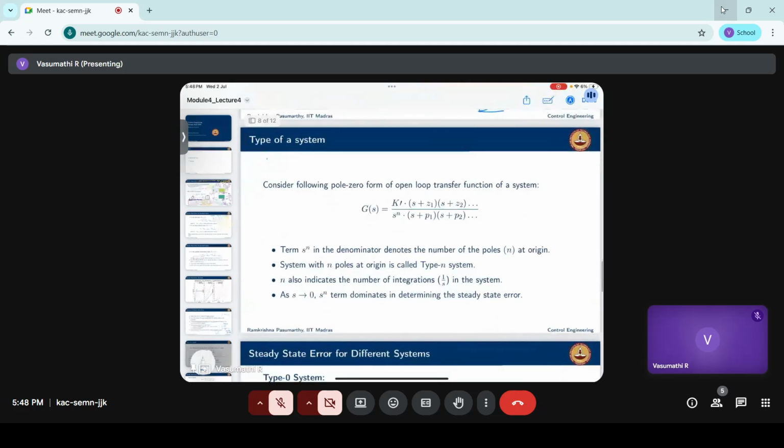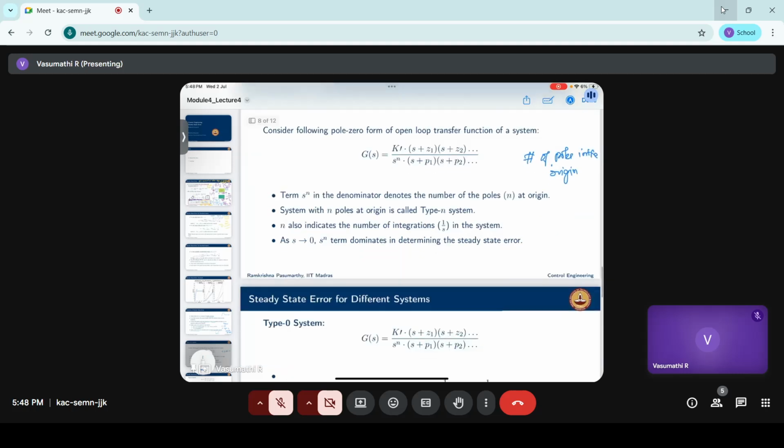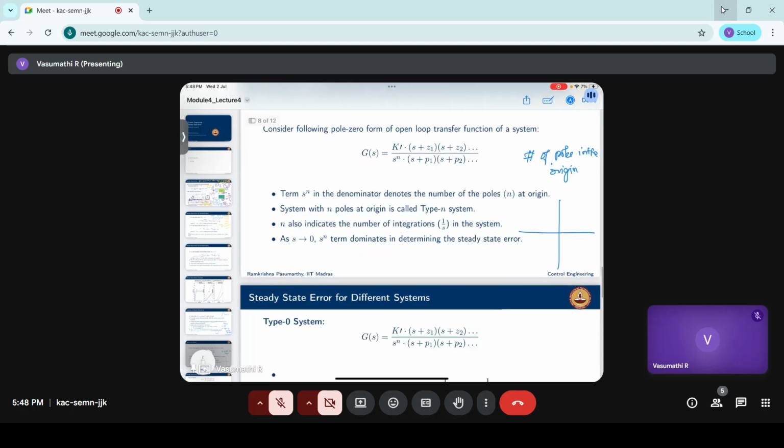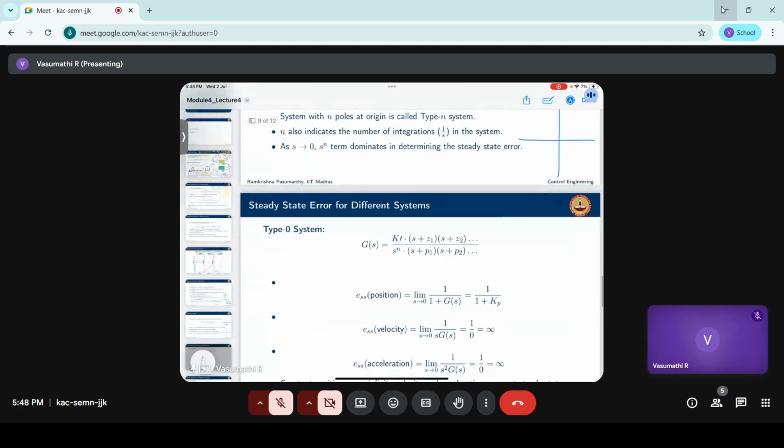Right. Type we already discussed, right? That's just the number of poles at the origin. Many of you have got confused about what is the pole and what is the zero and what is the significance of those things. Just want to brush up those concepts. Poles in general I will make 2-3 points out of this.